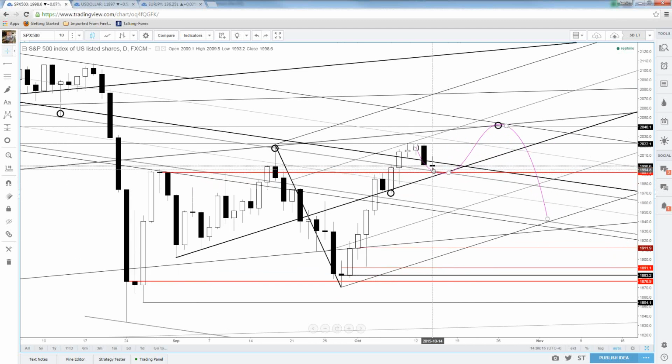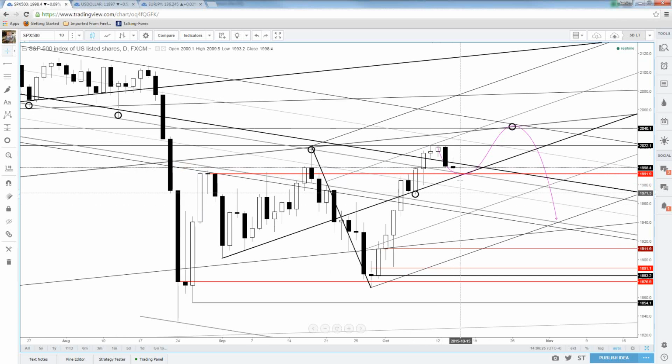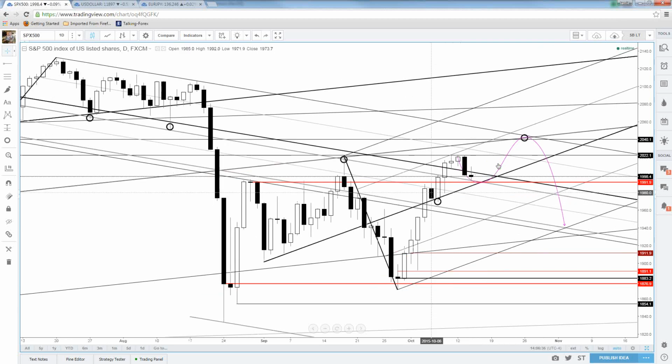So from here down to a little lower, like 1988 is today. Whatever that area, big area. Okay, as long as you're holding above there, you could still get another push higher in the S&P 500. And then once everyone really gives up on the short side, that's when you want to get real bearish. Okay, just kind of throwing it out there.